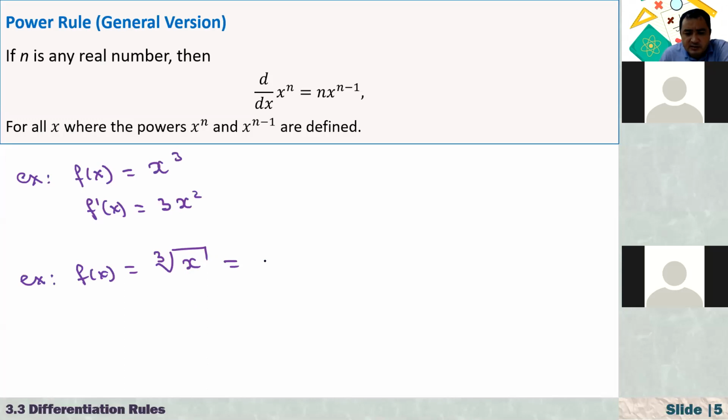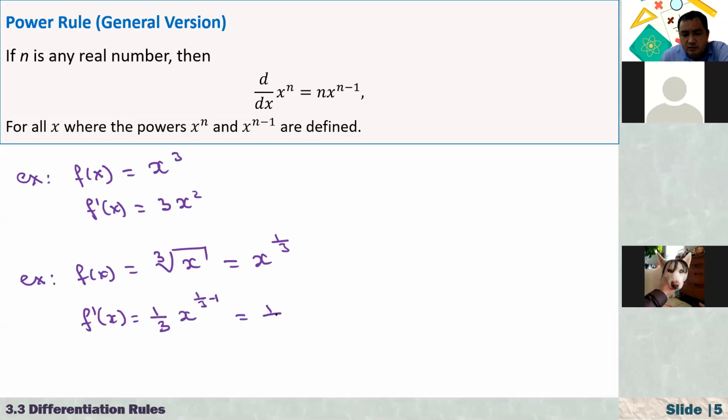Which means that I can write it as x to the power of 1 over 3. Then what is f prime of x? f prime of x, this 1 over 3 comes to the front, 1 over 3, and here we have x to the power of 1 over 3 minus 1, which is equal to 1 over 3 times x to the power of minus 2 over 3, right?